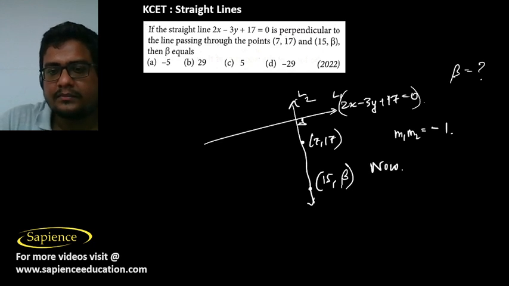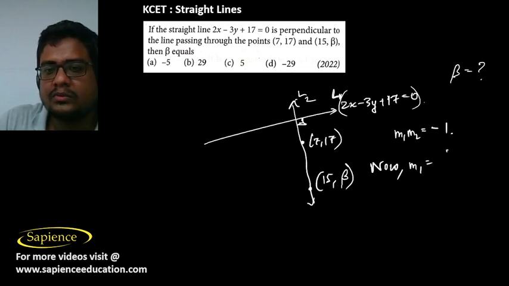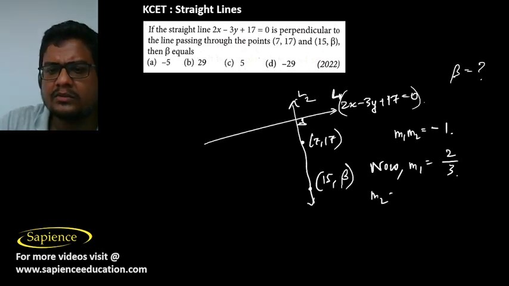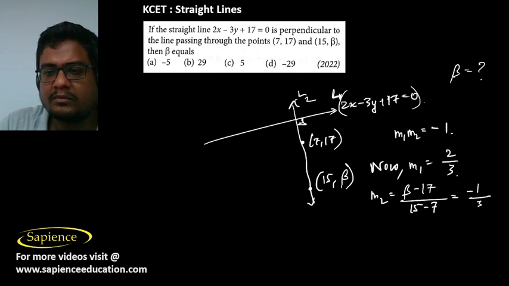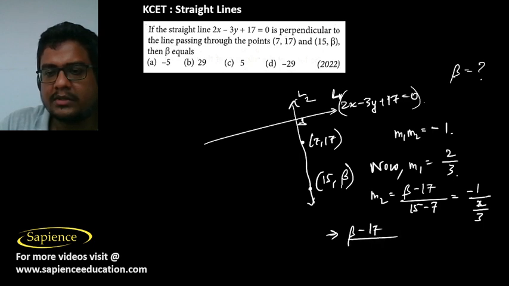Now M1 is the slope of the line L1, which is 2/3, and M2 is (y2 - y1)/(x2 - x1), which should be -1/(2/3), that is -3/2. Therefore (β - 17)/(15 - 7) = -3/2, and 15 minus 7 is 8.